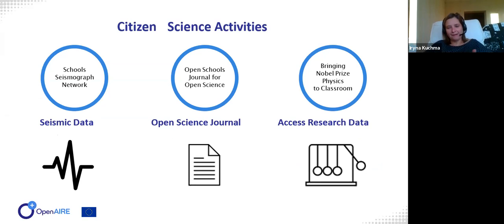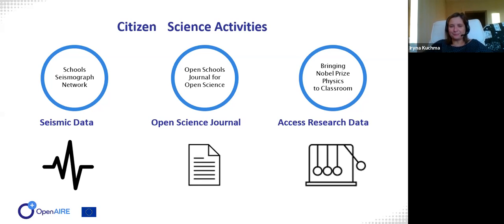And my last slide is about from research assessment to schools. And schools are really secondary schools or even primary schools. And these are some of the activities that we also have in the OpenAIRE project.